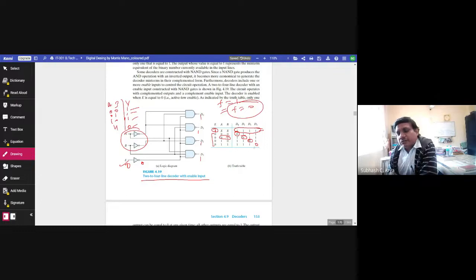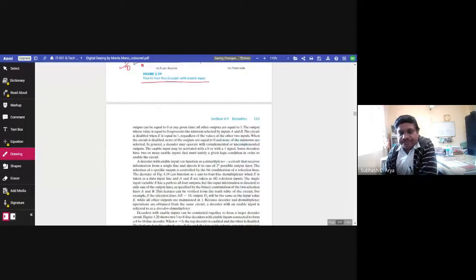Okay, this should be 0 here, D3. So in this way, logic 0, meaning negative logic, is the output of the function. So in the 2 to 4 line decoder, we have 2 input lines, n is equal to 2, and the output lines will be 4. 2 to the power n is equal to 2 to the power 2 is equal to 4.